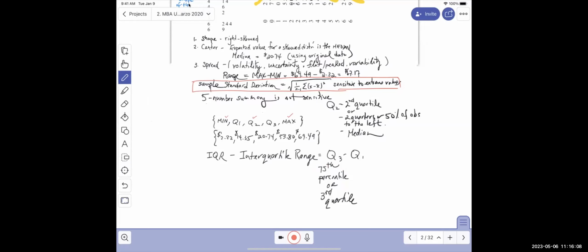The Q1 is the 25th percentile, where 25% of the observations are to the left, or it's called the 1st quartile. And up here, I'm going to add that word for the Q1. Q2 is the 50th percentile. So percentile is the value where P% are to the left. It's always talking about the left side.